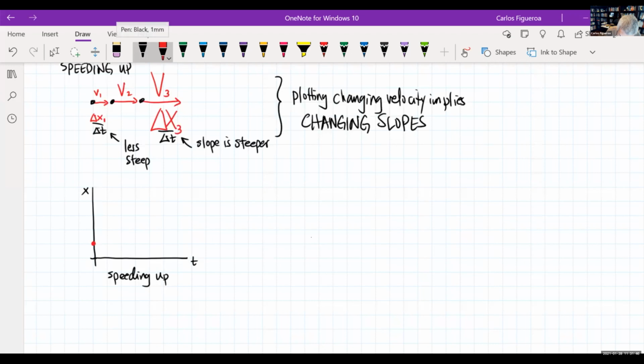And what I'm going to do here is assume that at this point, we're starting at rest. So that means if I'm starting at rest, the slope at this point right here should be flat. So in essence, I have a dot that looks something like this.